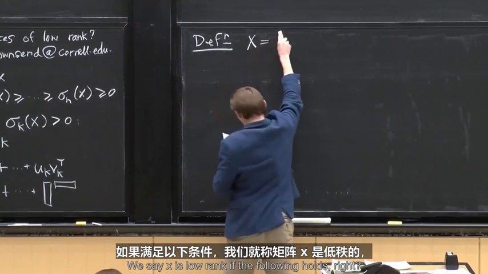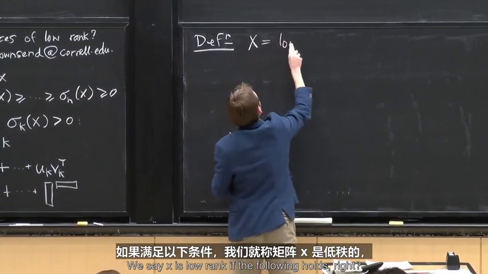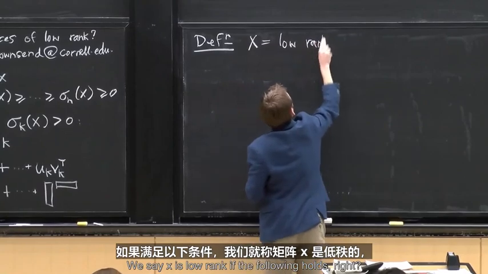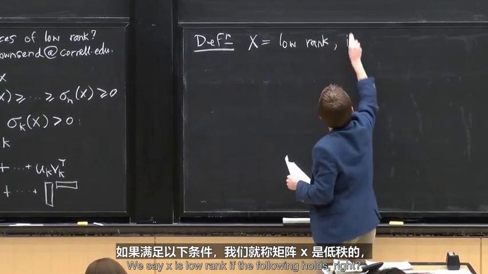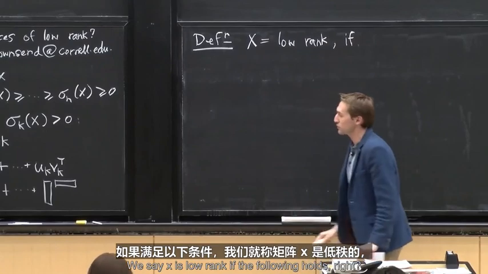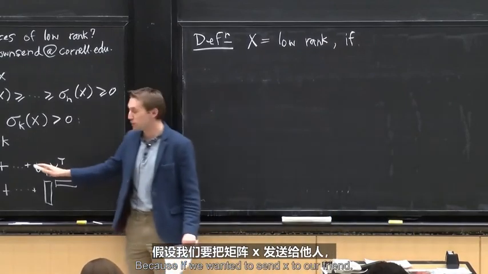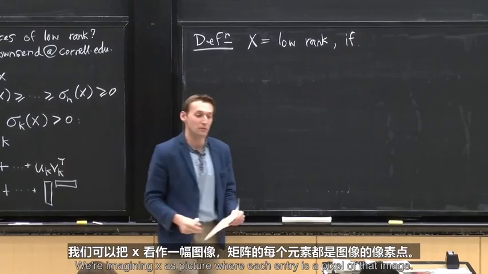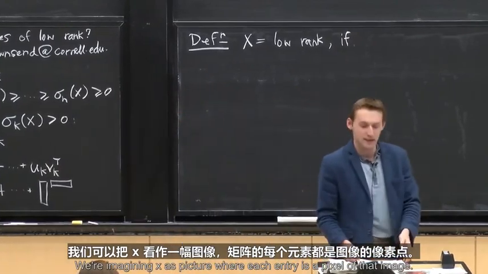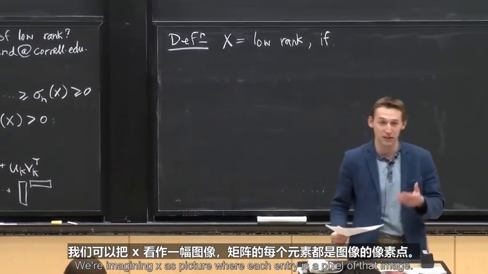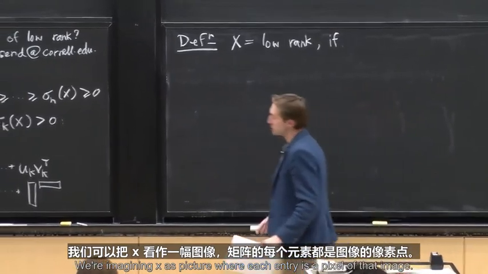We say X is low rank if the following holds. Because if we wanted to send X to our friend, we're imagining X is a picture where each entry is a pixel of that image.